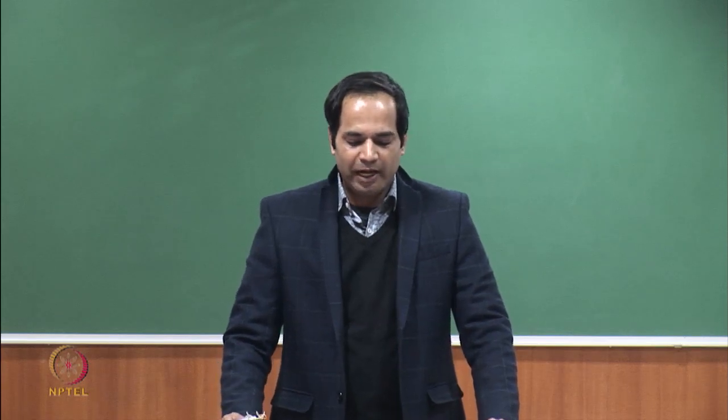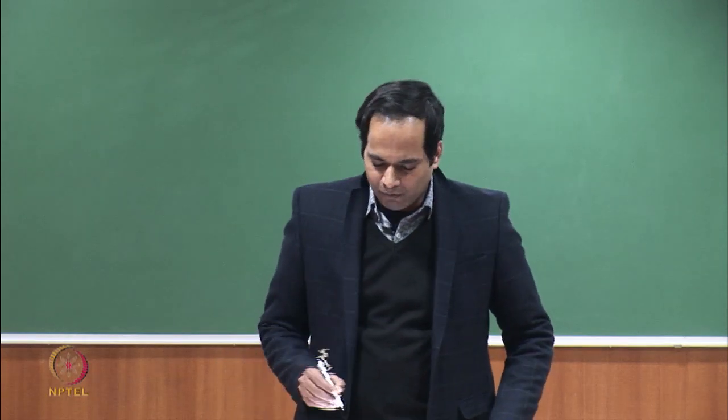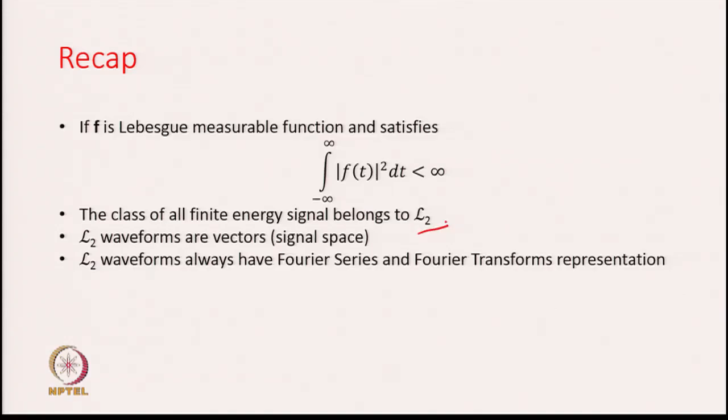We have introduced the big idea of L2 space, or L2 waveforms or L2 signals, and we have said that the class of all finite energy signals belongs to L2 space. The energy of a signal can be computed by the integration of the mod square of that function, and if this quantity is finite, we say that the signal has finite energy and is an L2 signal.